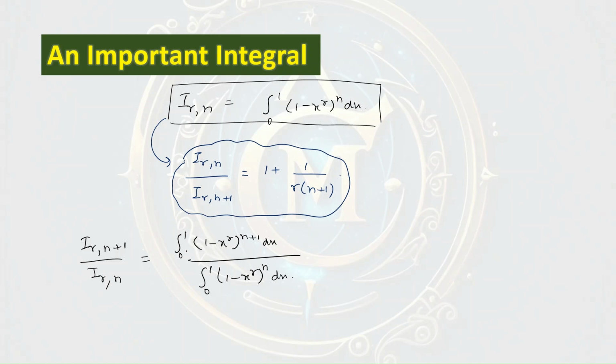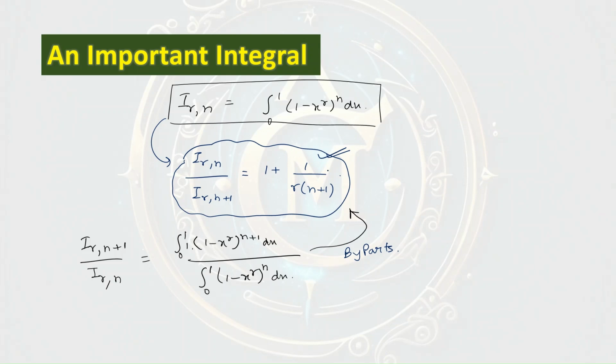Now, if you apply integration by parts in the upper integral, by taking 1 as the second function and this as the first function, you will eventually reach this formula. So, this is a very important relation.